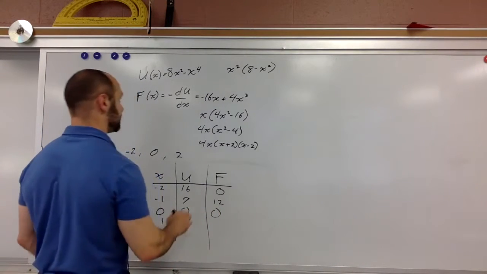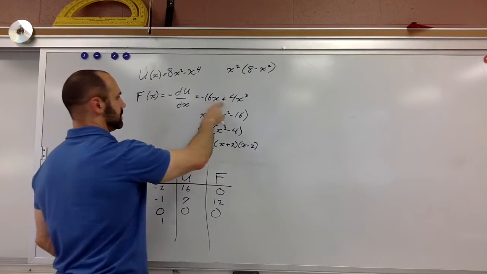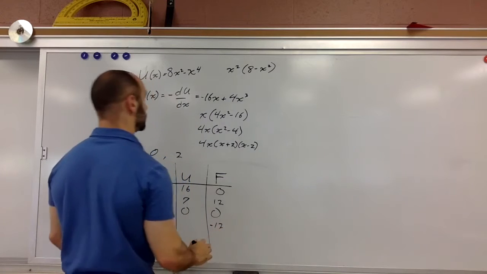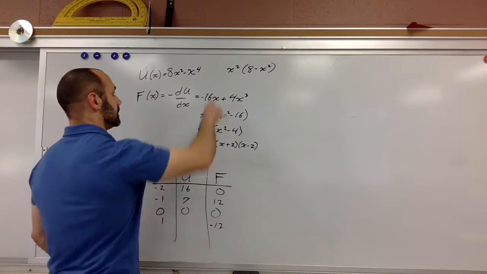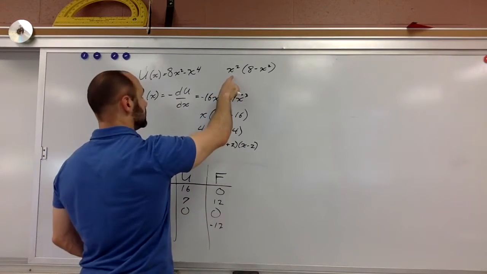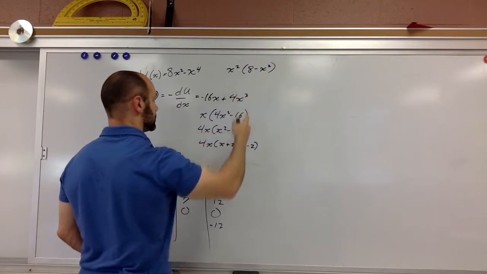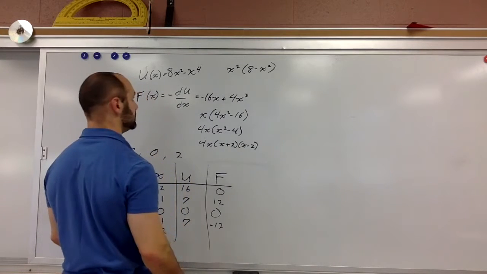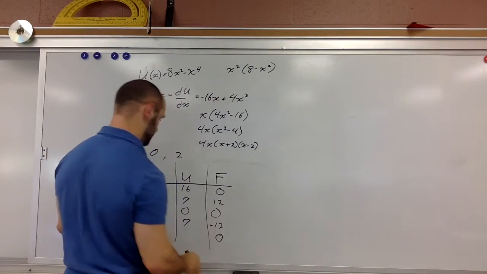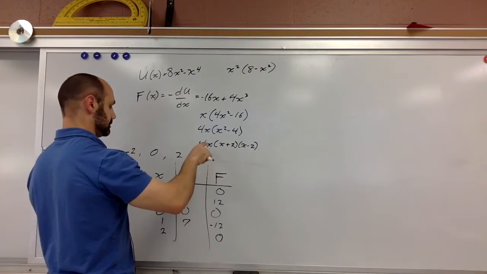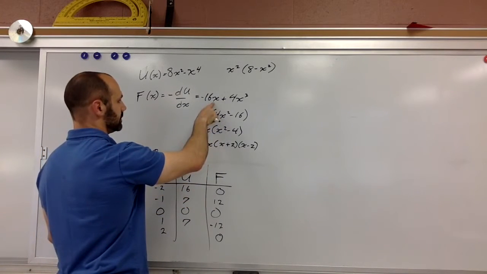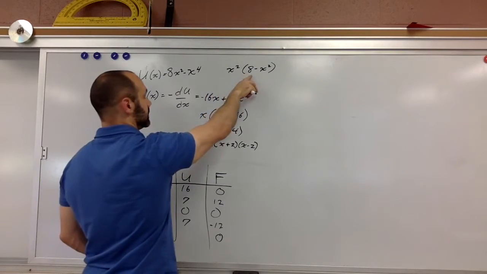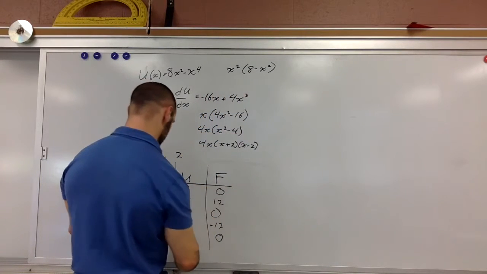If I put 1 in, the force is negative 12, and the potential energy is 8 minus 1, so 7 again. If I put in positive 2, the force is 0 and the potential energy is 16.